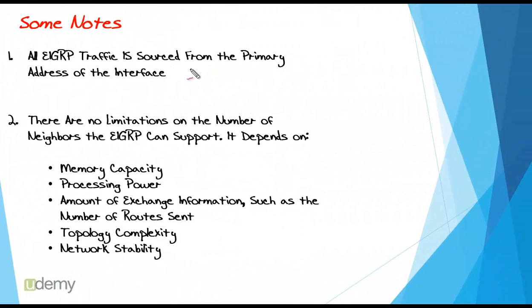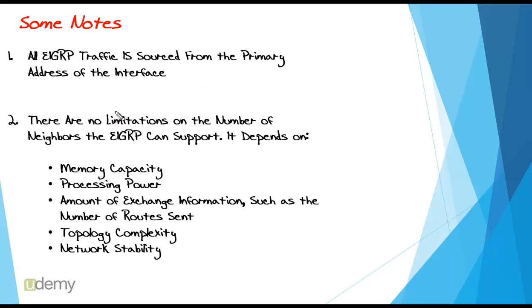Before we end today's lecture, let's review a couple of notes. First of all, EIGRP traffic is sourced from the primary address of the interface, and EIGRP does not build peer relationships over secondary addresses. Please note that.